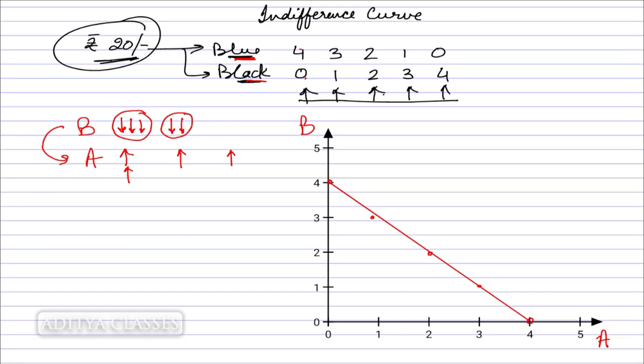Then a time comes when for 1A, you are ready to part with only 1B. A time might also come when for 1A, you are not ready to part with any B's.